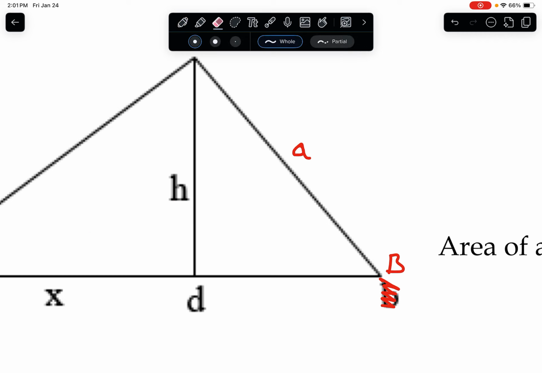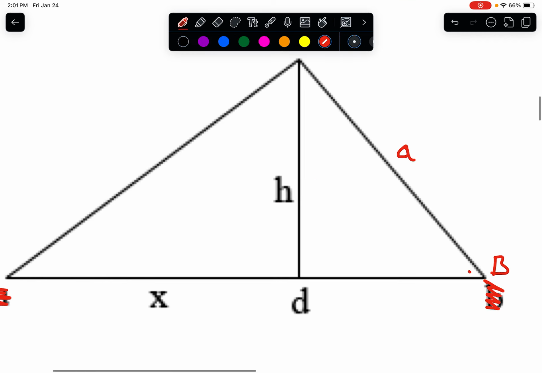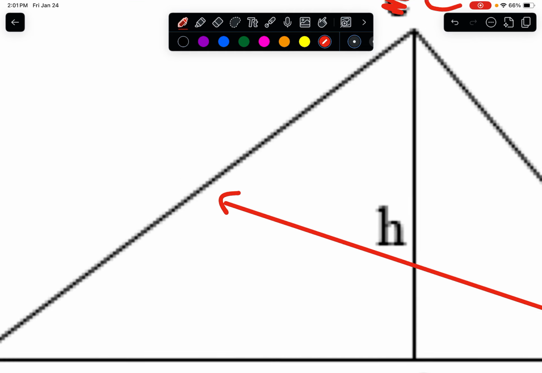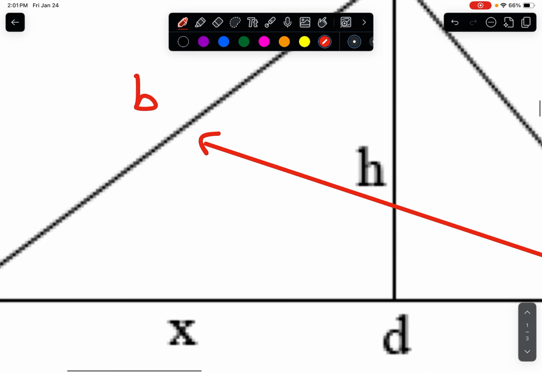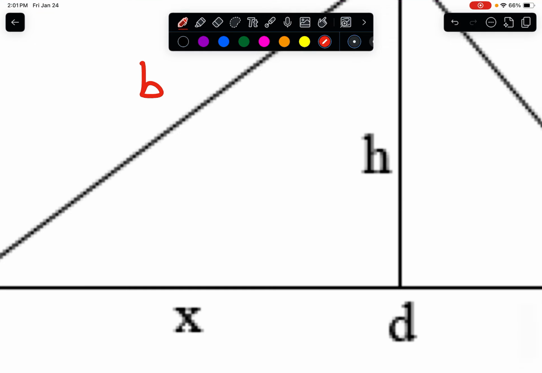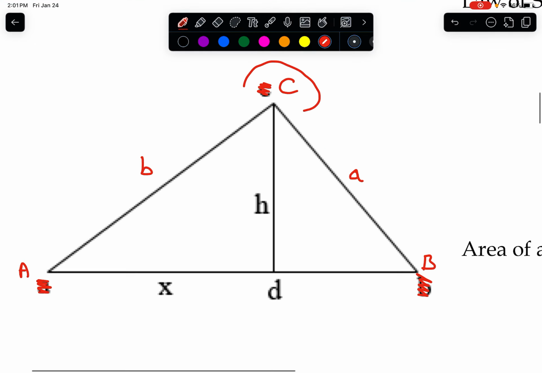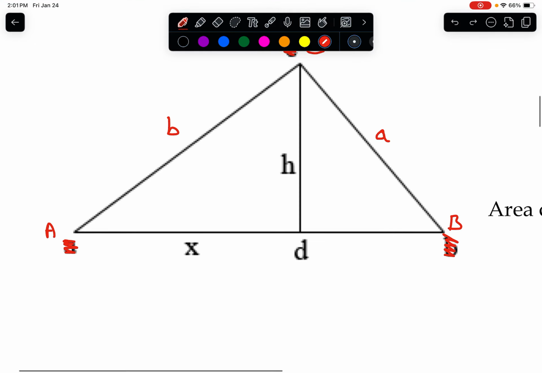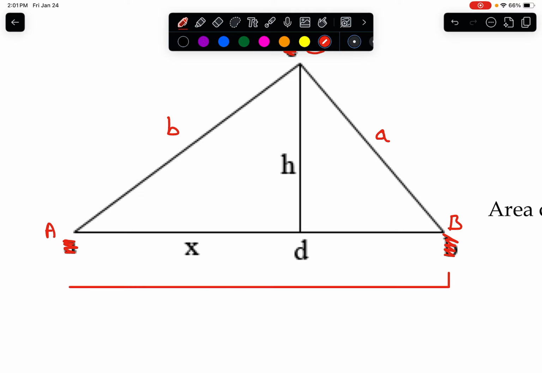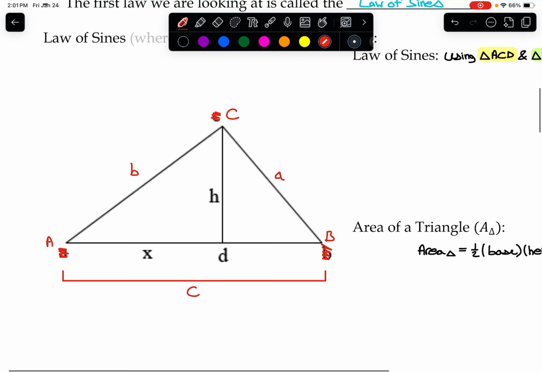Now I'm going to get rid of that. Across from angle B is side b, so over here this is side b. Once again, get rid of this. And angle C over here is across from side c, so this will be side c.